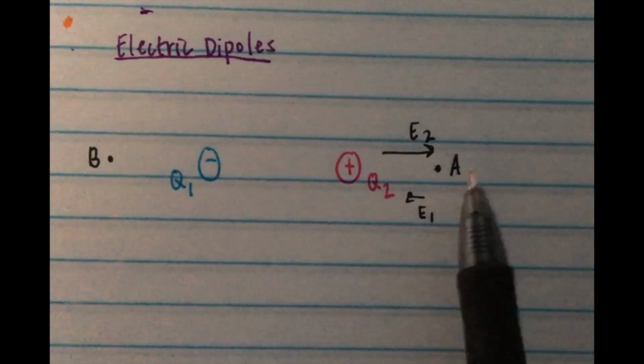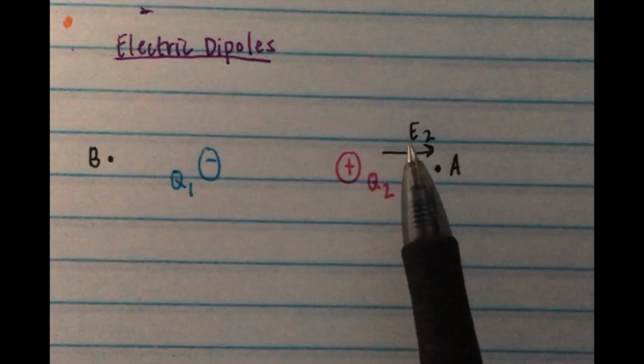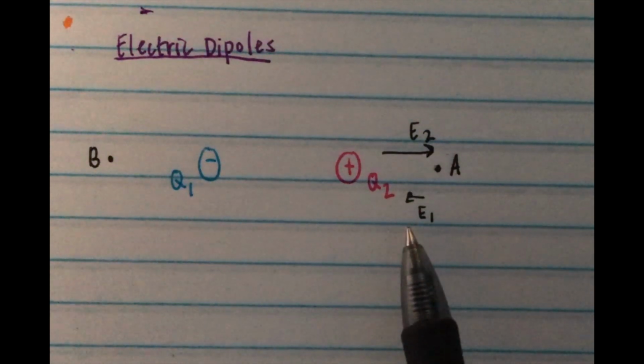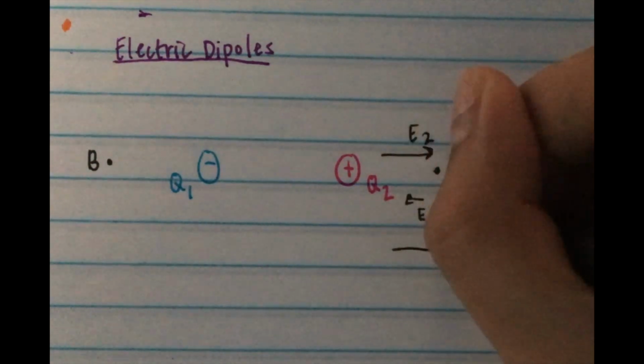Because point A is much closer to Q2 than Q1, E2 would have a higher magnitude than E1, meaning that the net electric field is directed towards the right.